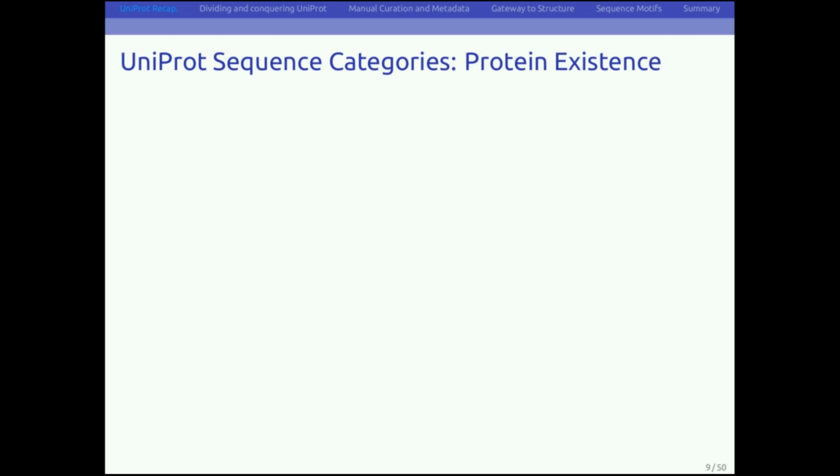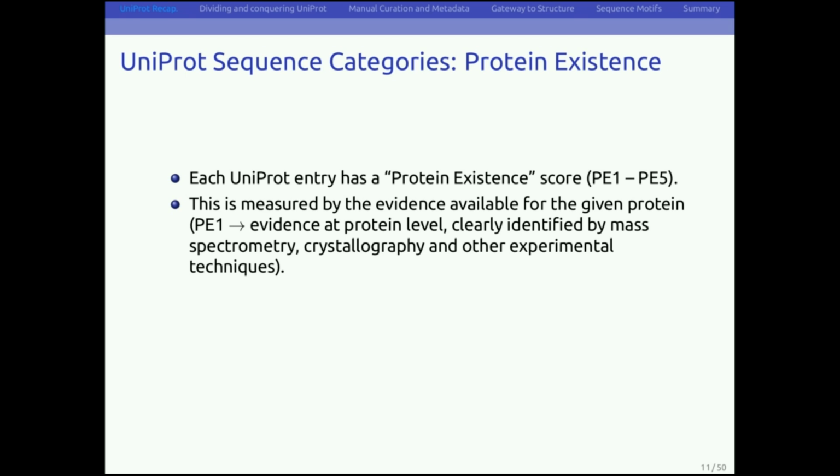Each sequence inside UniProt has a certain category. It's called a protein existence score, where PE1 is definitely we have experimental evidence to verify this protein, and PE5 is usually some sort of hypothetical protein or a translated sequence from some very low quality DNA.